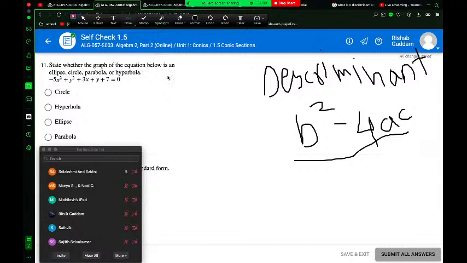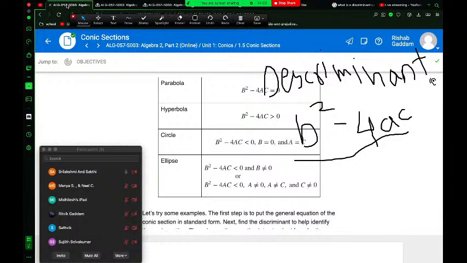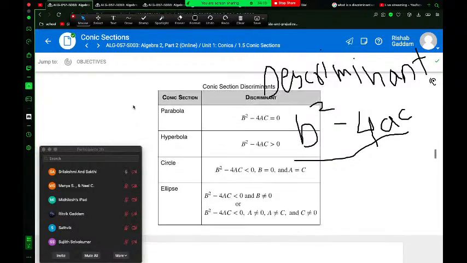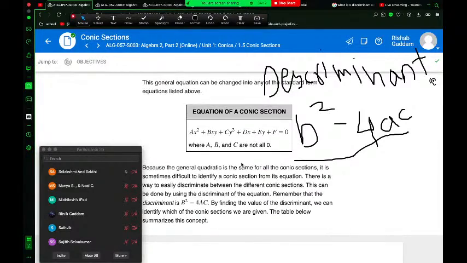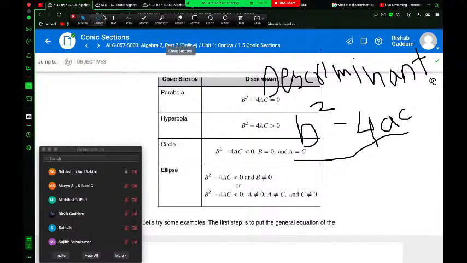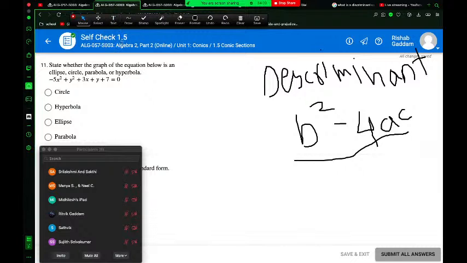Can you go back to the slides, please? I think you might have to use the discriminant formula. So, okay, then it would be negative 5x squared.